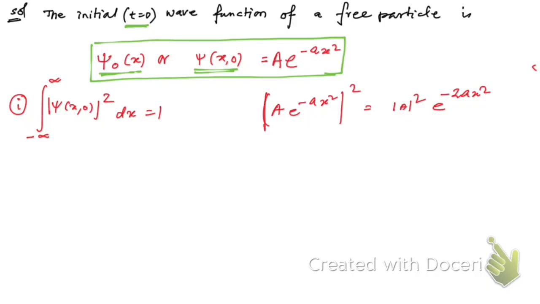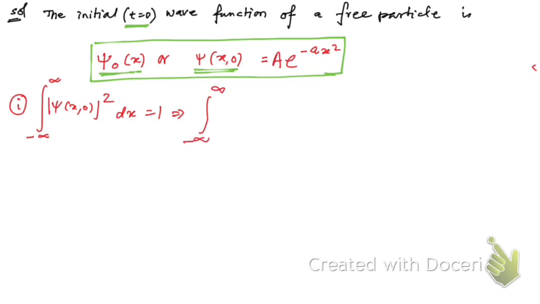Okay, now you see, so we can write this this way, integration from minus infinity to plus infinity, mod of a square, then e to the power minus 2ax square dx is equal to 1. That's what we're going to have, right?